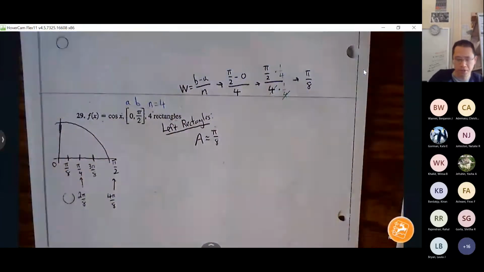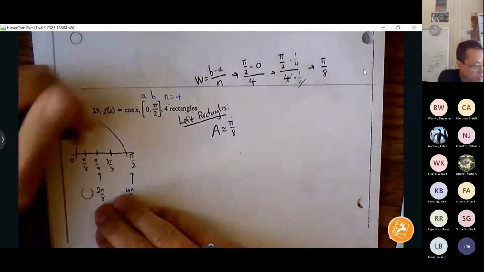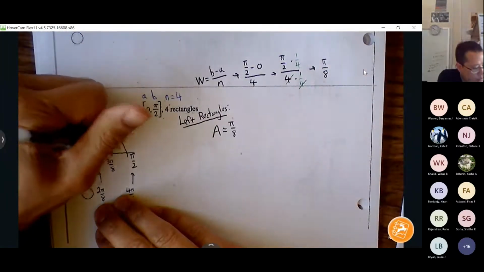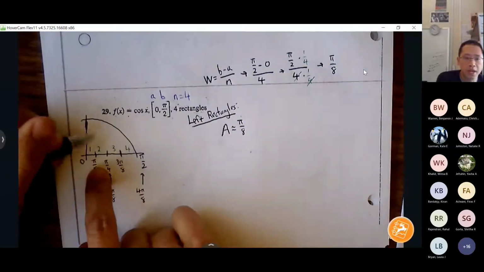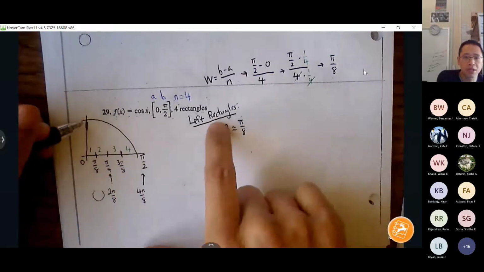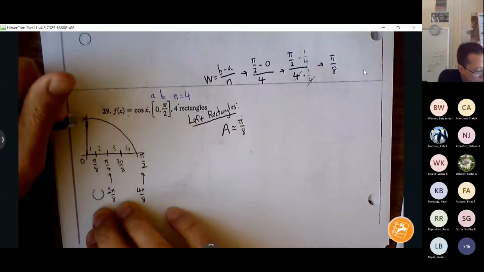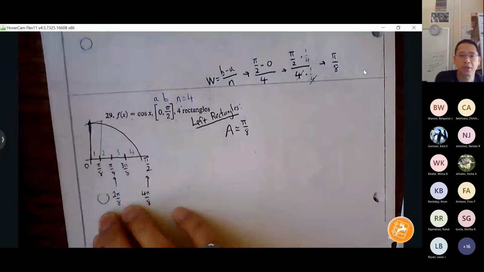Now for left rectangles, we're going to purposely choose the left endpoint of every subinterval. So here's my first subinterval, second, third, and fourth. For my first subinterval, I'm going to choose f of 0 and not f of pi over 8, because I want the left endpoint here. So from 0, I'm going to go to where that vertical line hits the graph, highlight that point, and draw my rectangle there.